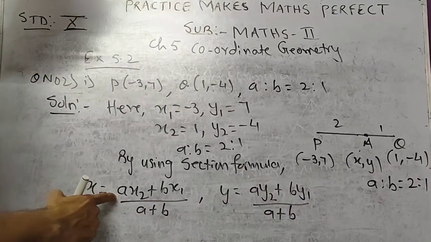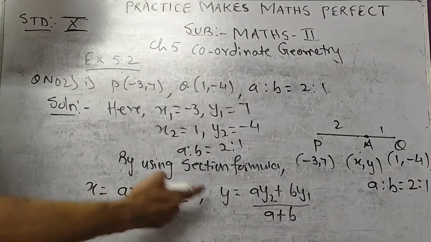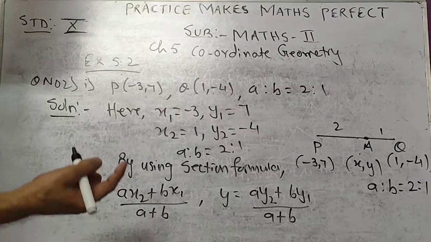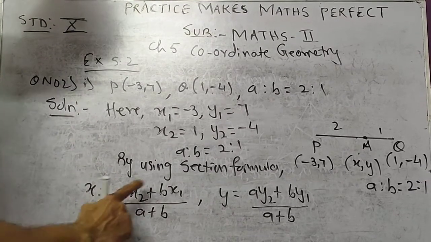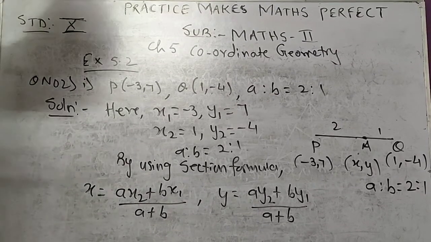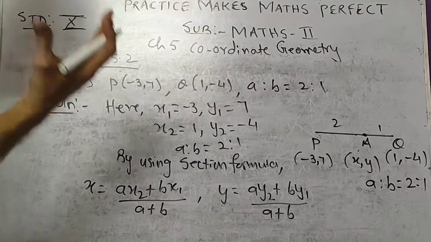Instead of mx2 plus nx1, instead of m and n, in the place of that we are using a and b. Only that is the change. Okay, rest of the sum is the same.